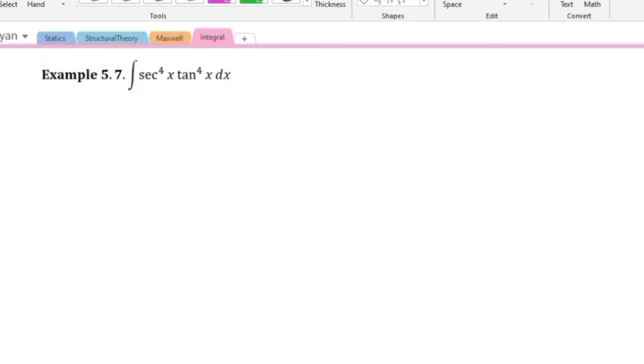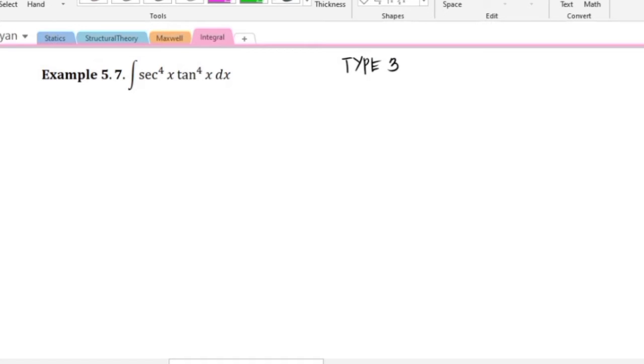Example 5.7, integral of secant x raised to 4 tangent x raised to 4 dx. So, ito, yung secant na to will fall on type 3. So, kung babalikan natin sa previous discussion, this is type 3. Ano yung inaabangan natin pag nakakita tayo ng type 3?